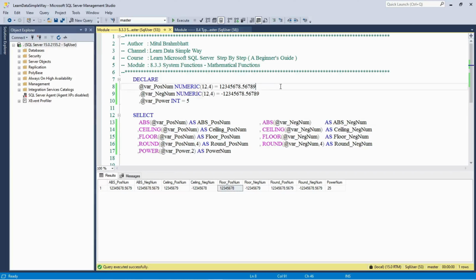The 9 will turn the 8 before it into a 9, because we are rounding only till 4 digits after the decimal point. Okay, so it will round it to the higher number. That is how it will work in the output.